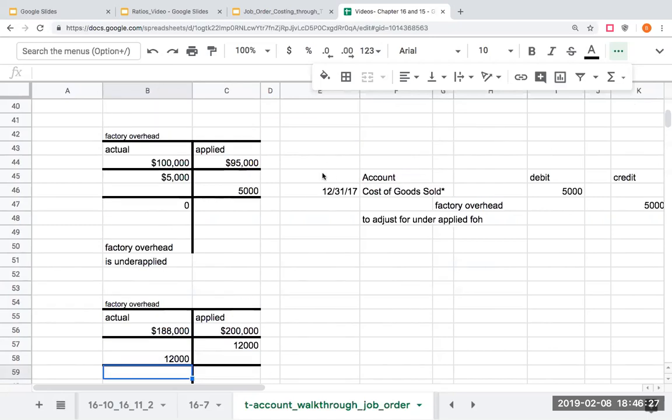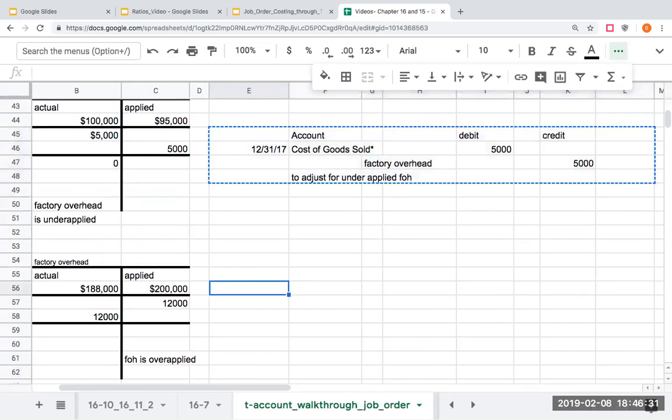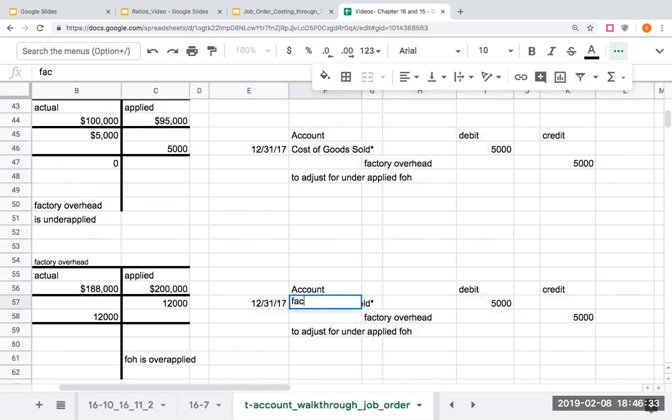So in this scenario, what's a little bit different is that over here, this is going to be factory overhead for 12,000, and this here is going to be cost of goods sold for 12,000. My description would be to adjust for over applied factory overhead.